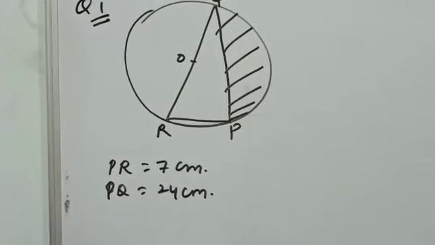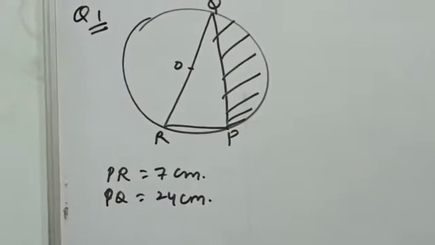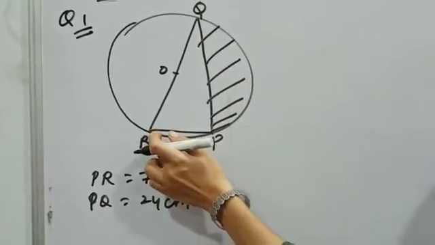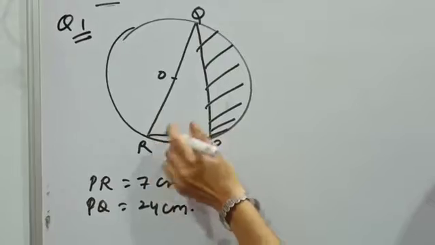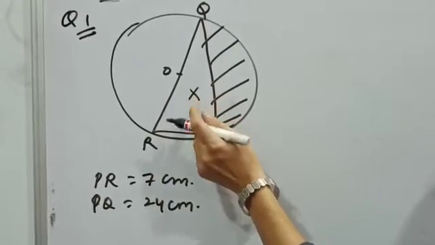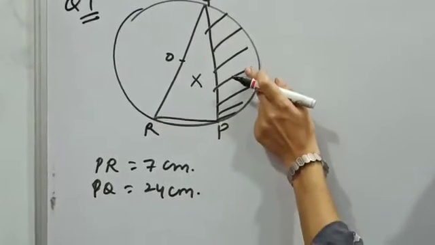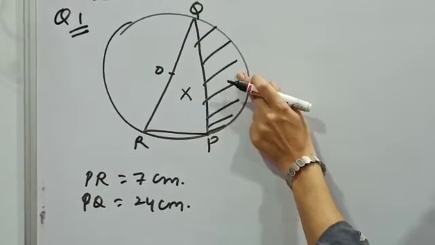You can easily see that this shaded area is part of the semicircle, and if we exclude the triangle PQR from the semicircle area, we can find the shaded part area.